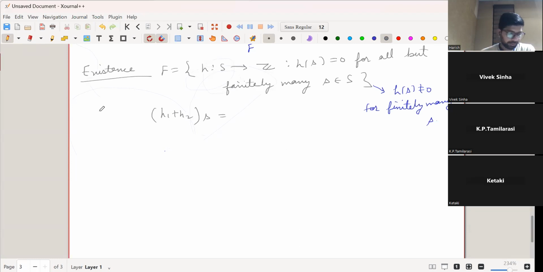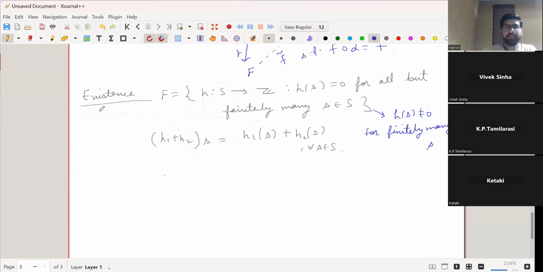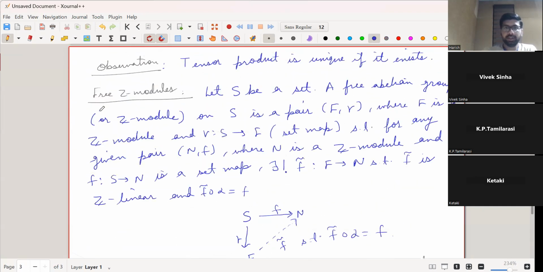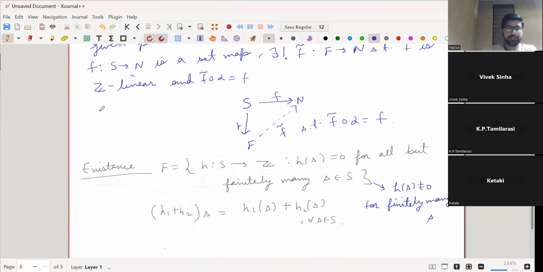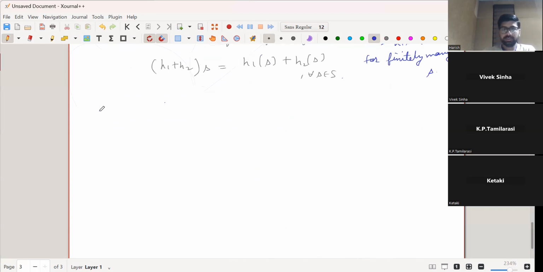So here the group operation is H1 plus H2, just add them in the usual sense. Okay, this is the operation, and the map. F must be coming with the map, right? We said that something is a free module if it's a pair F comma gamma, where gamma is a map from S to F. So what is the map from S to F?